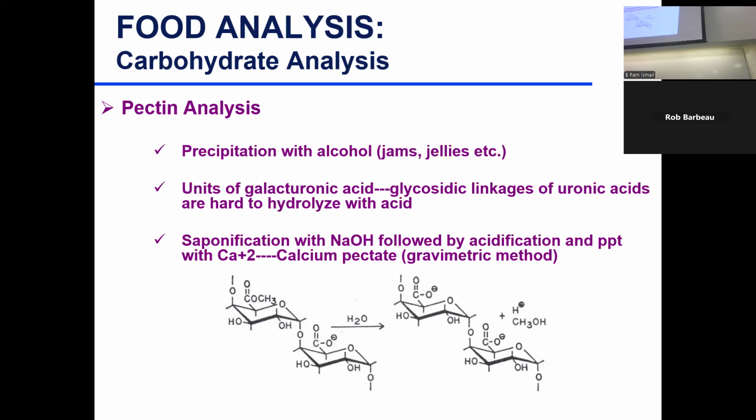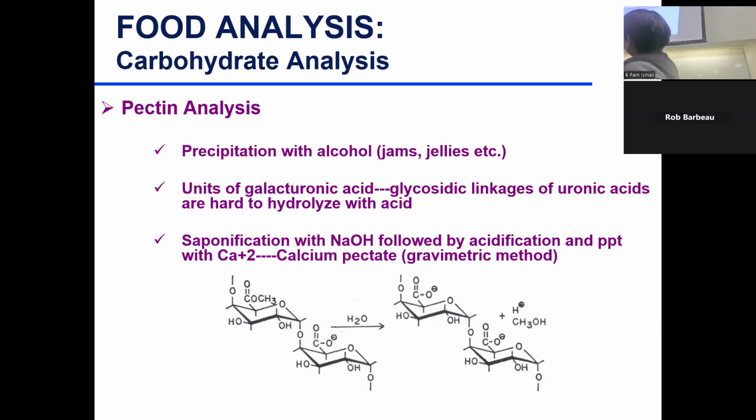So pectin is made up of galacturonic acid units. And the glycosidic bond between the galacturonic acid units is very hard to break with acid. So what we do usually is we saponify with NaOH. The saponification removes that methyl group from the carboxyl here, because some groups have methyl, some don't.